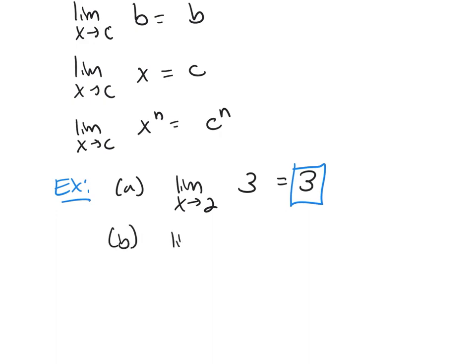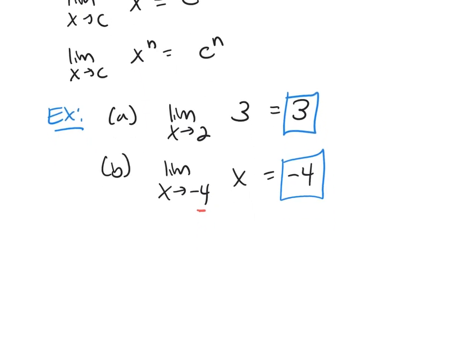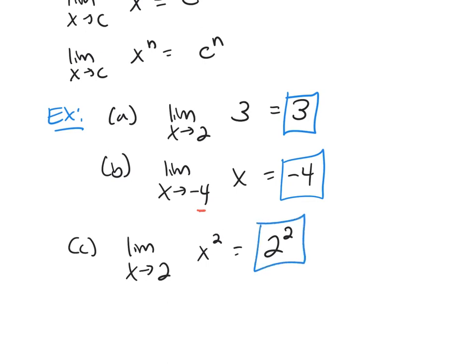If I look at the limit as x goes to negative 4 of x, just plug in negative 4 in place of x, and this limit would be negative 4. And finally, if I look at the limit as x goes to 2 of x squared, this would be 2 squared. Just plug in your 2 here in place of x to get the limit.